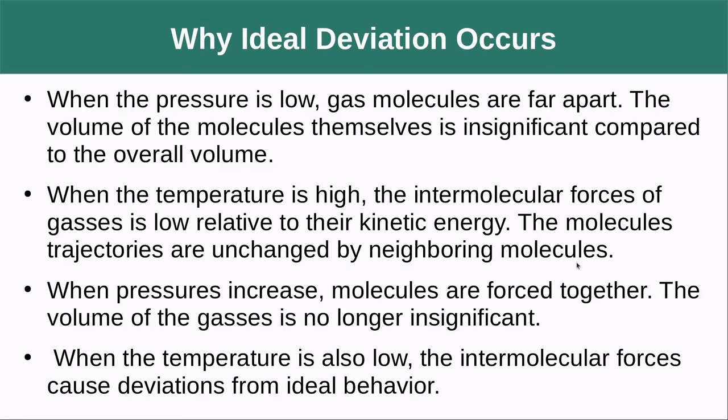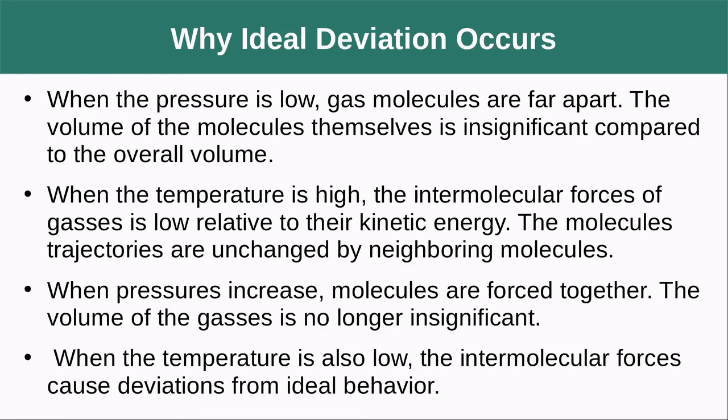When the pressure is low, gas molecules are far apart. The volume of the molecules themselves is insignificant compared to the overall volume. When the temperature is high, the intermolecular forces of the gases are so low relative to their kinetic energy that the molecules' trajectories are unchanged by neighboring molecules. But when that isn't true, the molecules are forced together, the volume of the gas is no longer insignificant, and intermolecular forces start.